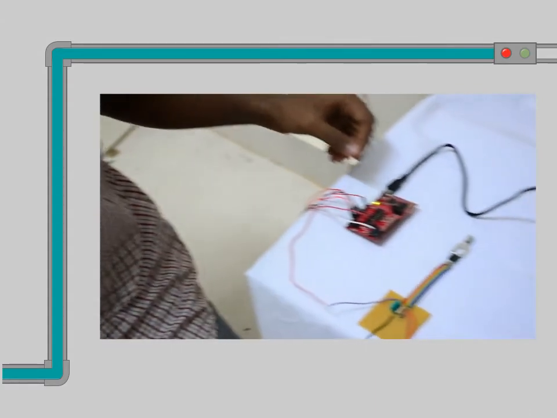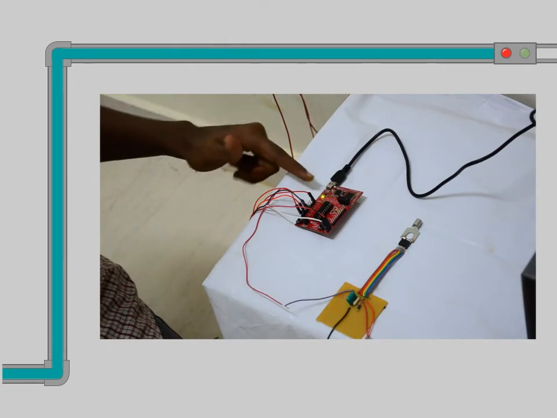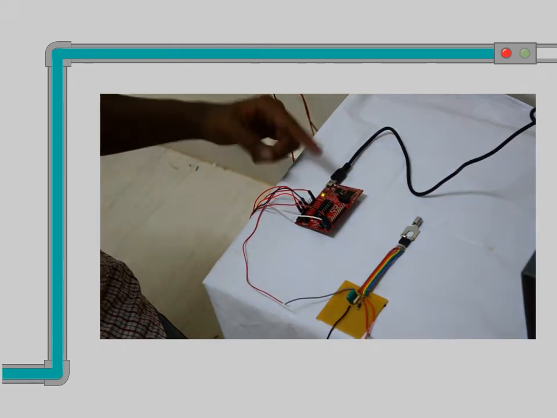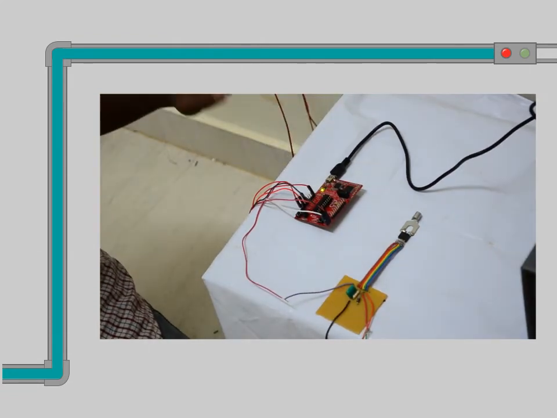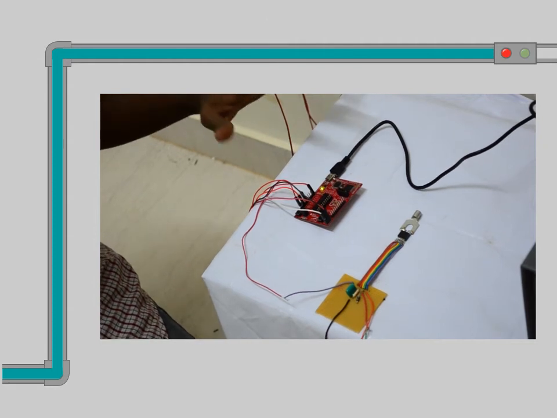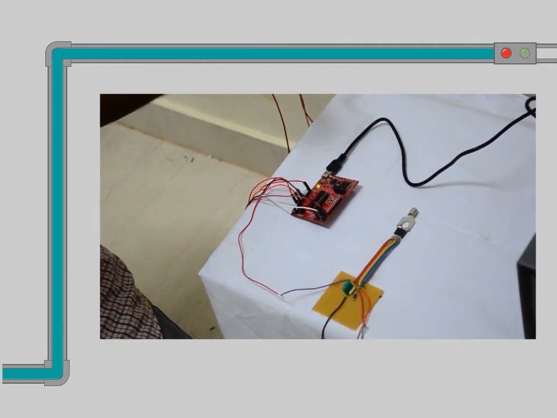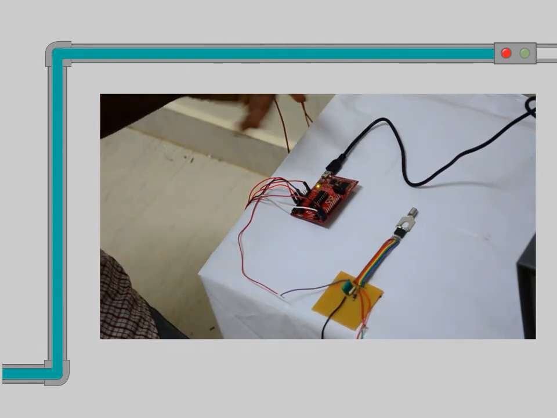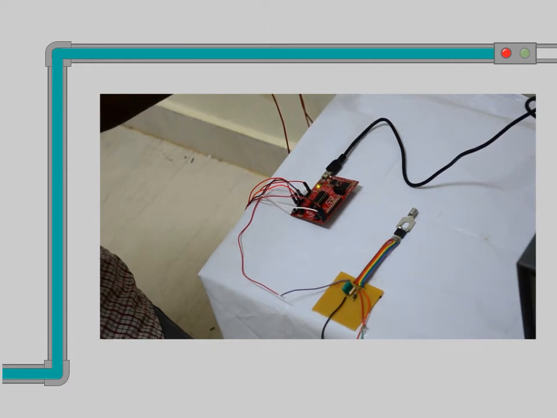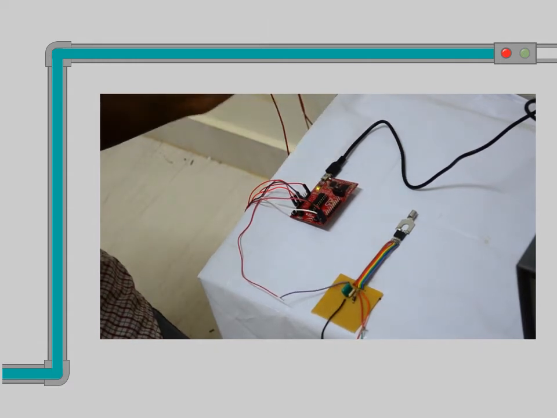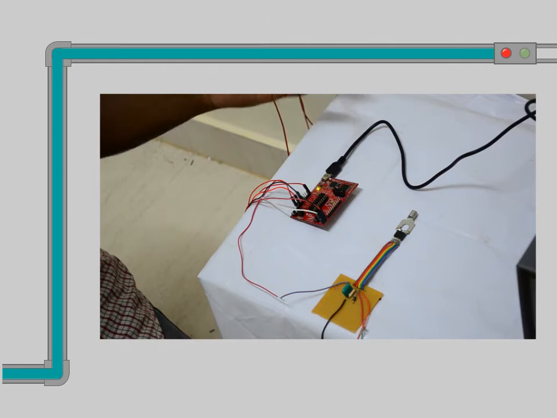Pin A0 goes to the temperature sensor for getting the human temperature value, and pin 2.2 is connected to the ultrasonic sensor for sensing human presence. At last, pin 2.4 is connected to the driver circuit, in turn driving the solenoid valve.